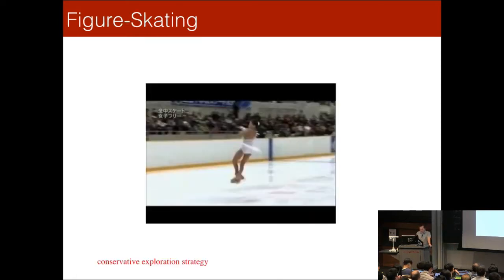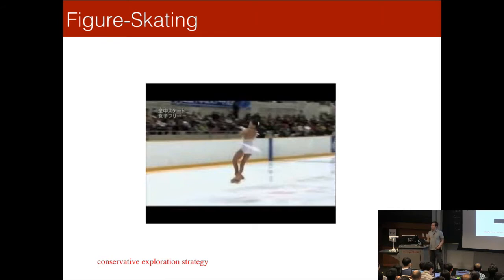It's just another example. This is an example of something called a conservative exploration strategy, which is very difficult to achieve. It's something we'll see in a lot of reinforcement learning settings. You have a policy and you run the policy and you ask, what kind of reward are you getting? Are you getting positive rewards or negative rewards? Now imagine that you're trying, as a human, to learn how to do spinning, right?